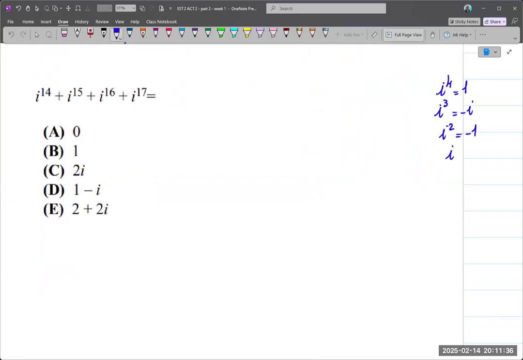Then i14 means i12 plus 2, plus i15 is i12 plus 3, plus i16 is divisible by 4. We can divide by 4, and i17 means i16 plus 1. Everything that is divisible by 4, we will erase it.